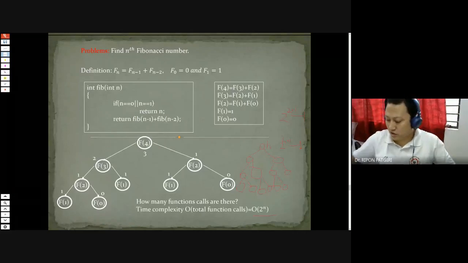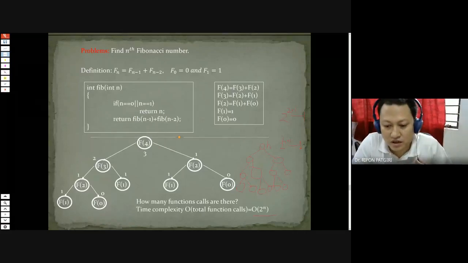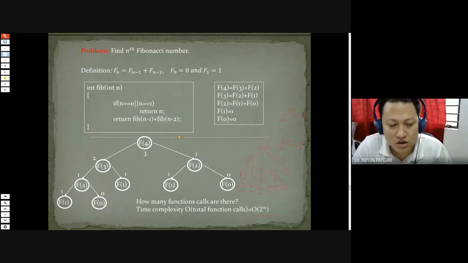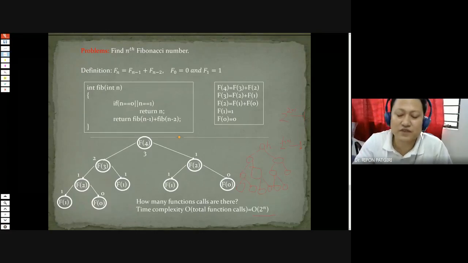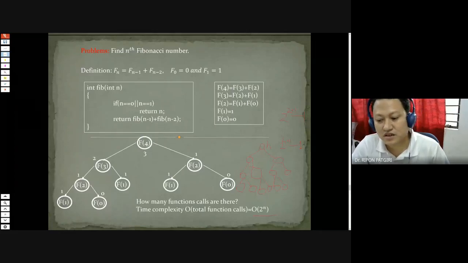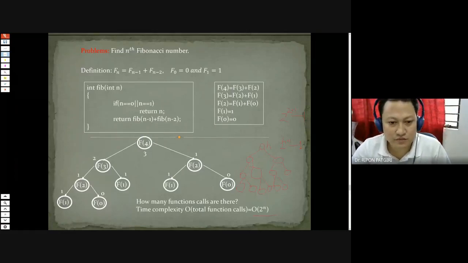If in your company you will be doing some jobs or some research work in future, and you have to find the nth Fibonacci number for some purpose, then if you write this function, your boss will be angry with you because this time complexity, big O of 2 to the power n, is too high, and your boss will probably give you a demotion letter.